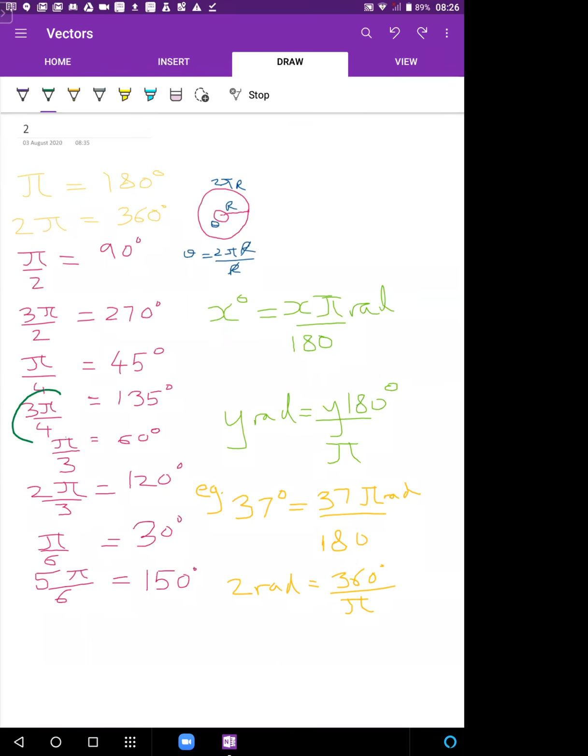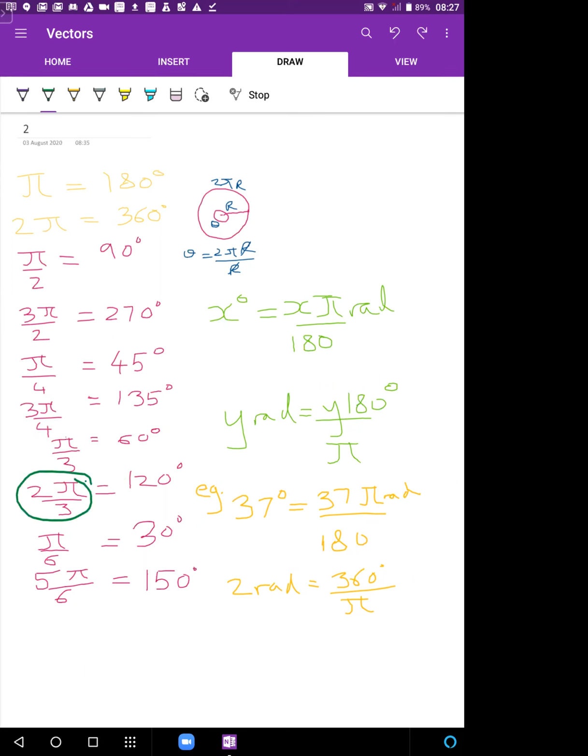Yes, 3 pi by 4. So this is 75% of pi, so this will be 135 degrees, right? Or you can add these two, pi by 2 and pi by 4. So 3 pi by 4 is 135 degrees. These ones, please, be very familiar: pi by 3 is 180 by 3, 60. So on seeing pi by 3 you should remember 60 degrees, and on seeing 60 degrees you should remember pi by 3.